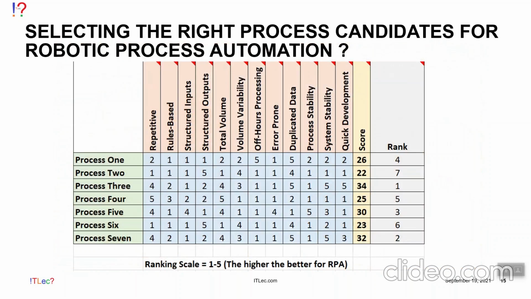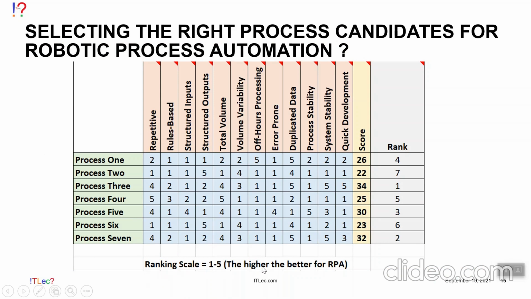So in this table, we'll see how to figure out if we need RPA or not, and to prioritize, to make a priority for our processes, to select which process to start with. So here we have some criteria, the tasks, and a rank scale from 1 to 5.